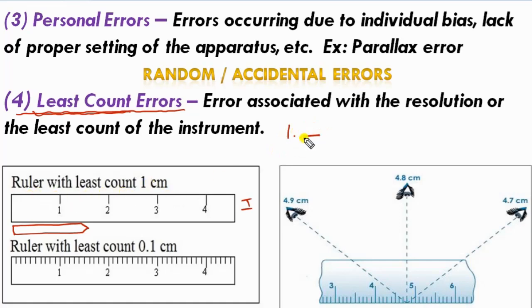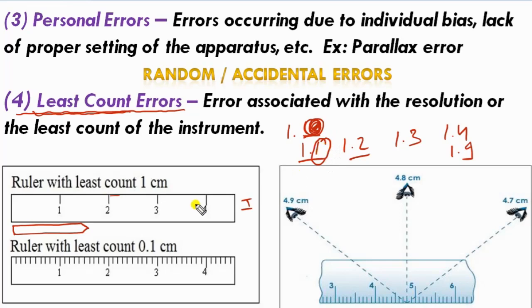So the second digit will be coming from our estimation. Someone may estimate it as 1.1, someone as 1.2, 1.3, 1.4 and even 1.9, because the scale is clearly showing that the value is lying somewhere between 1 and 2. So the second digit completely depends upon the estimation ability of the person taking the measurement.